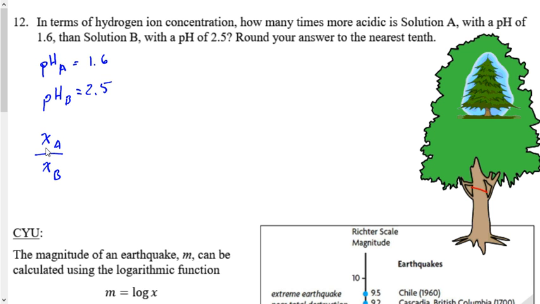So let's go back to the equation. I know this is equal to the negative log of XA, and this will be equal to the negative log of XB.